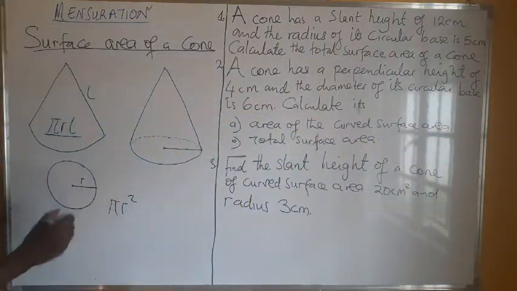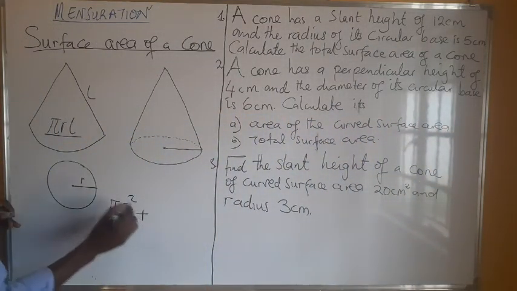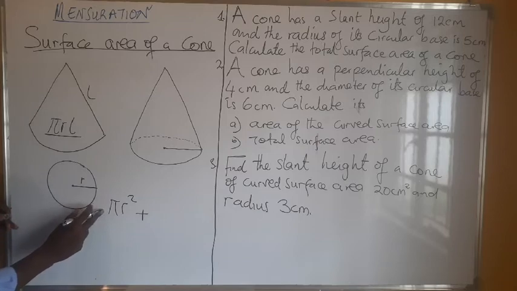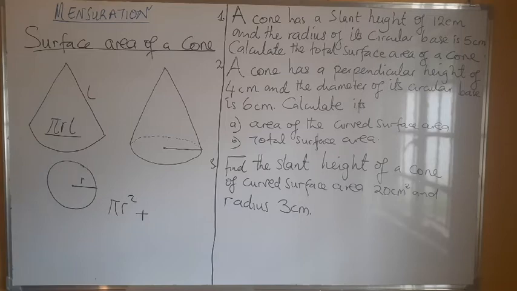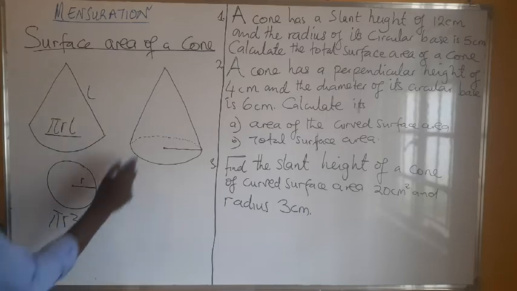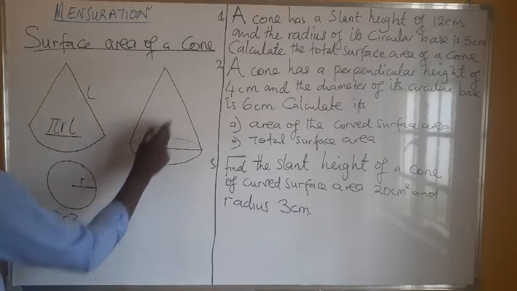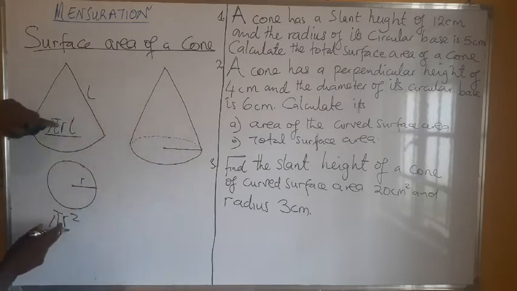So in this case, we have what? The area of a circle, which I gave you here. This is the area of a circle here. So to find the total surface area of a cone, we need to add these two formulas.